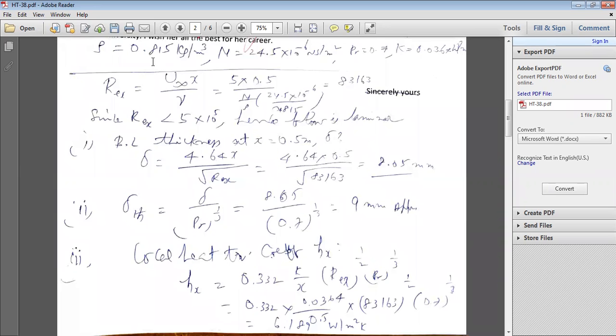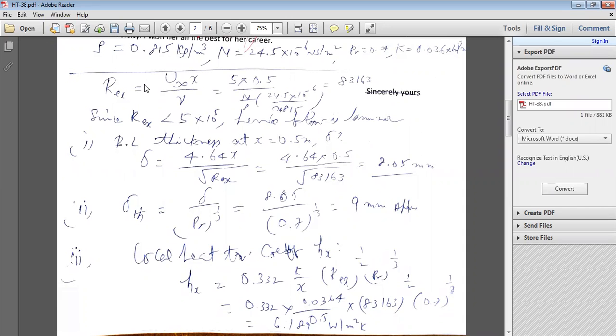So here density is 0.815 kg per meter cube, dynamic viscosity is 24.5 times 10 power minus 6 Newton second per meter square, Prandtl number is 0.7, and thermal conductivity K equals 0.0364 watt per meter Kelvin.